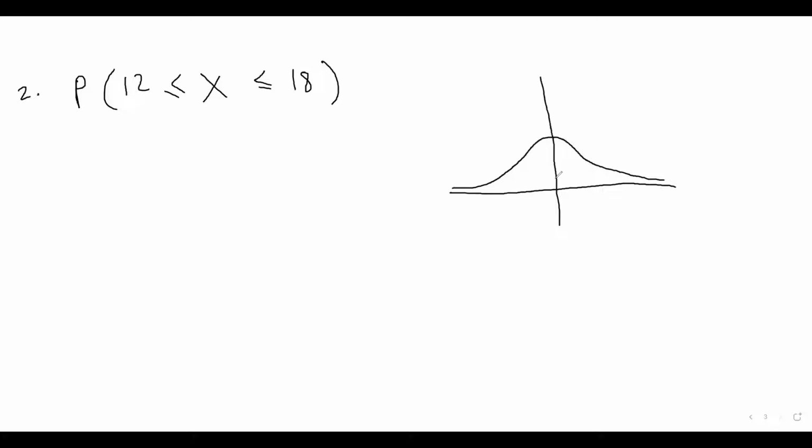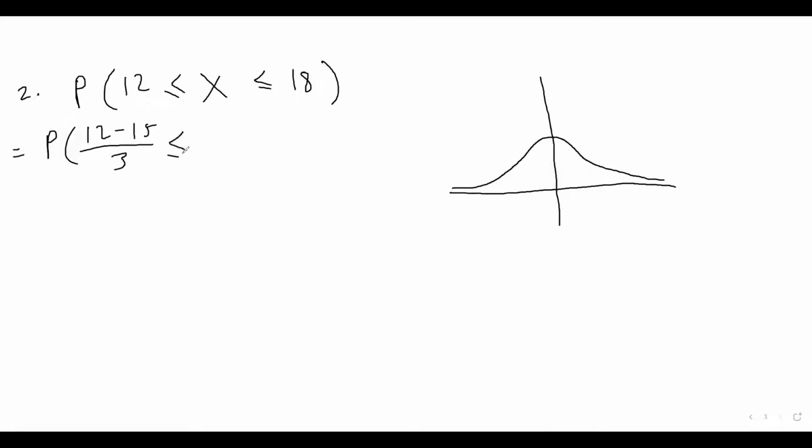But before we look at what area we're looking for, let's quickly standardize this. In order to use the standard normal distribution, we have to standardize. So we have to go 12 minus 15 divided by 3.